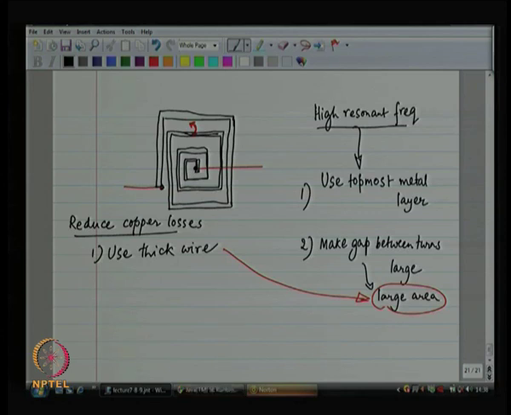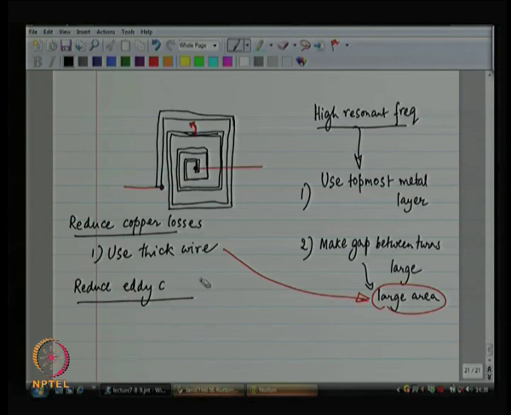Fine. Now, let us try to reduce eddy currents. How will you achieve that?